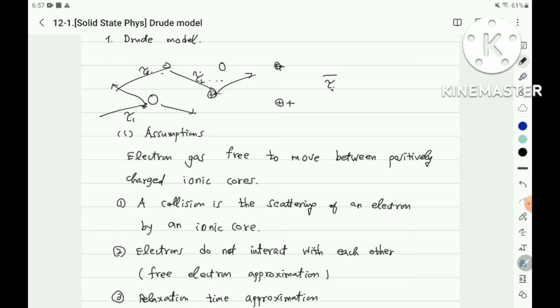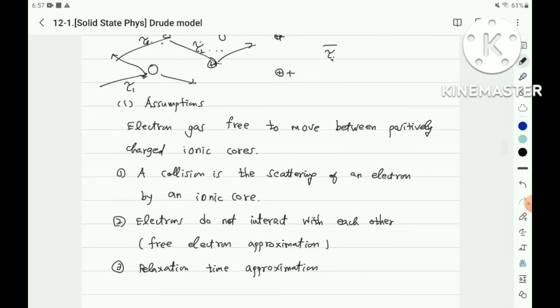The average value of the time constant of the collision is the relaxation time.